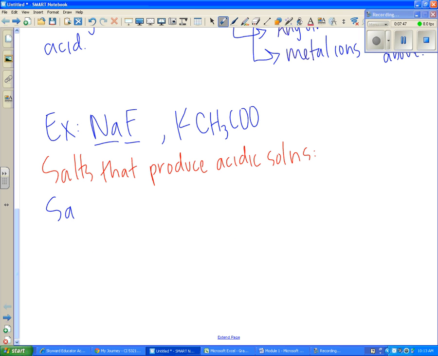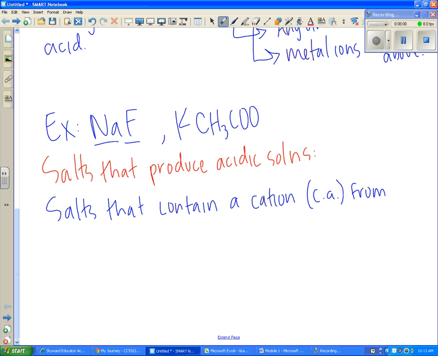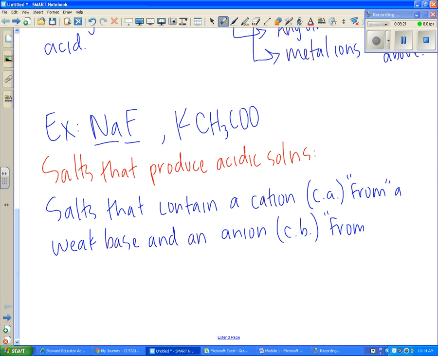These will be salts that contain a cation, which is a conjugate acid, from a weak base and an anion, which is a conjugate base from a strong acid.